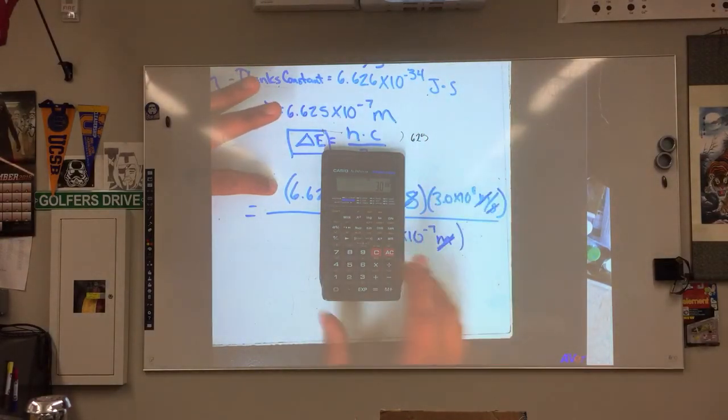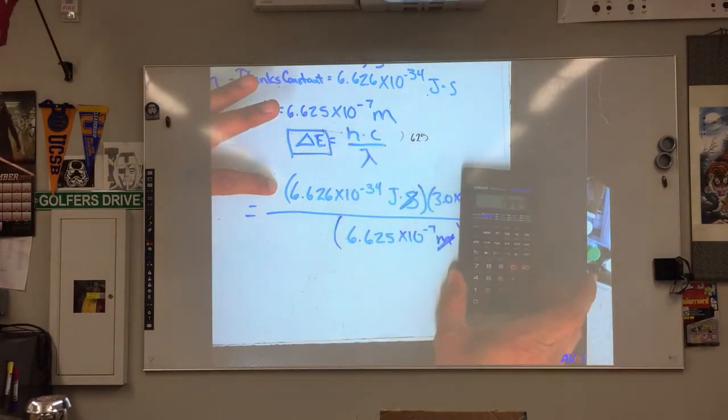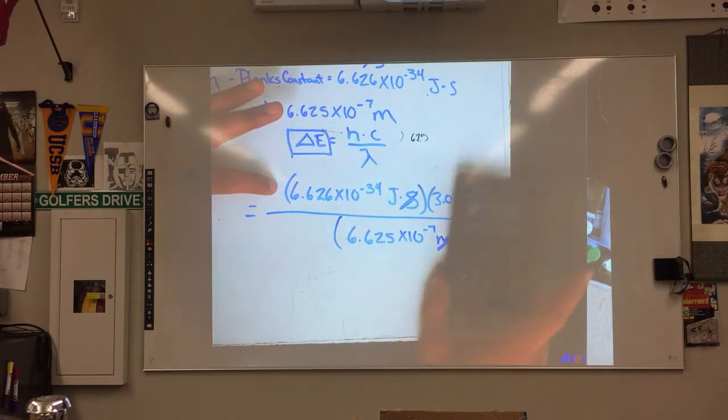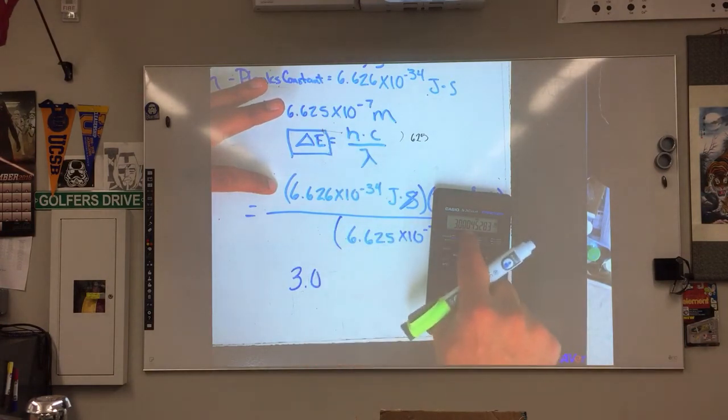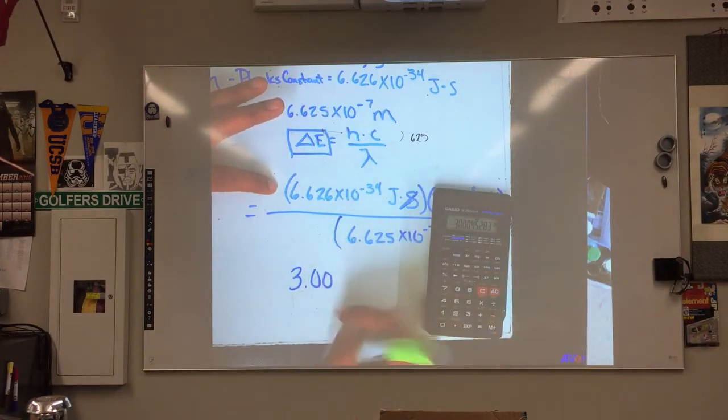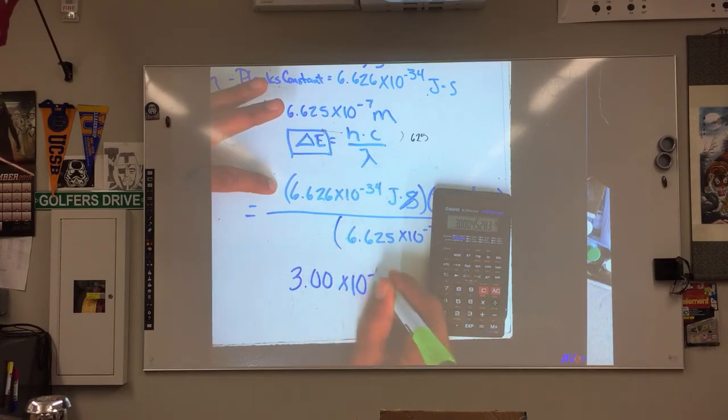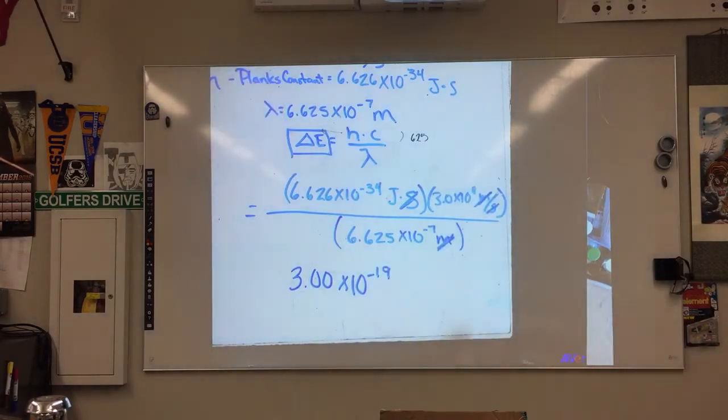Then we will divide this whole thing by 6.625 EXP, the negative key again, 7 equals, and this gives me a long number, we will round it off to 2 decimal places, so I'm going to say 3.00, this 0 keeps the 0 the same, but we got 2 significant figures here, times 10 to the negative 19, and then we look here and we have joules.